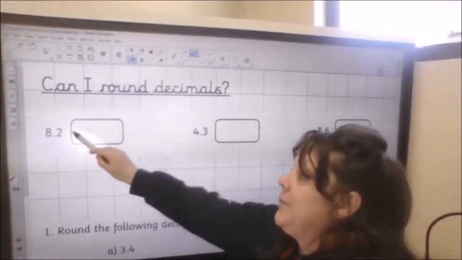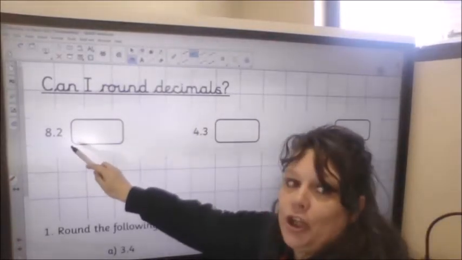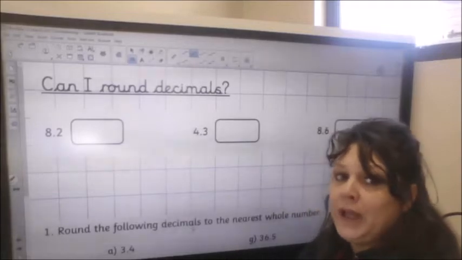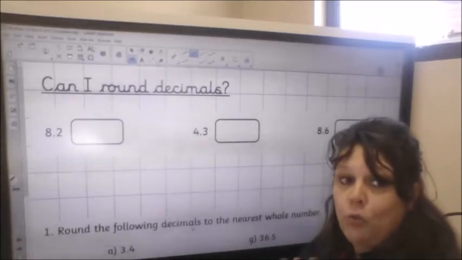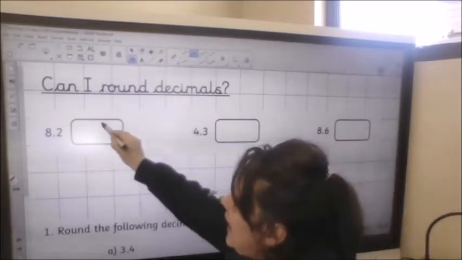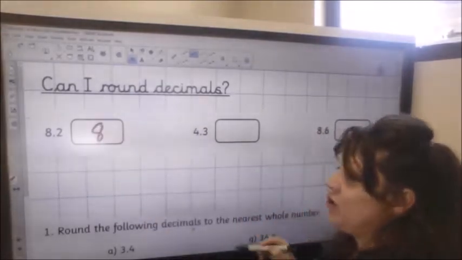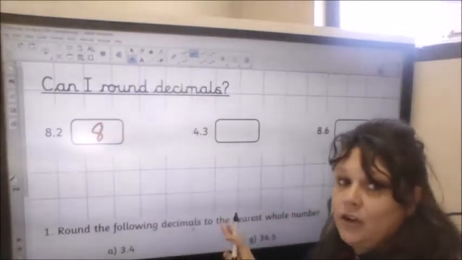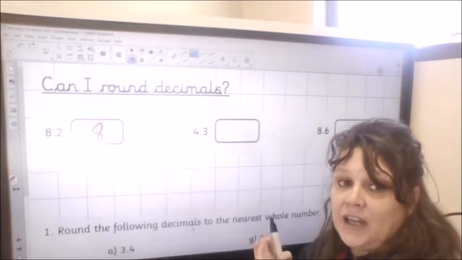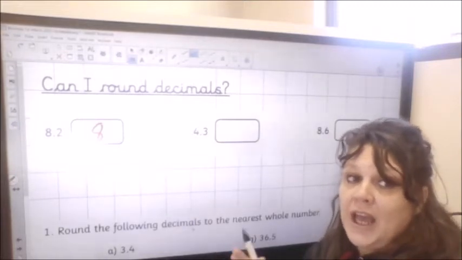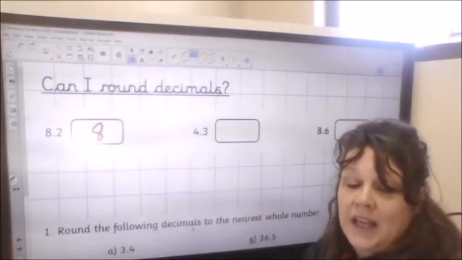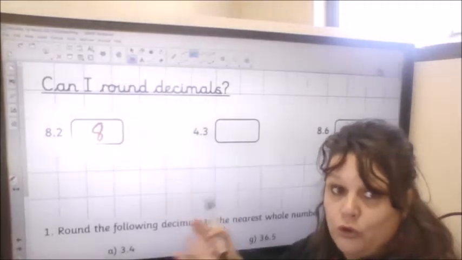So, for example, here, I've got 8.2. Well, 2 is less than 5. So what I would write is 8 there. And because we're rounding to the nearest whole number, I then don't need to put a decimal point, and I don't need to put a 0 or anything else after that. I would just put the whole number.